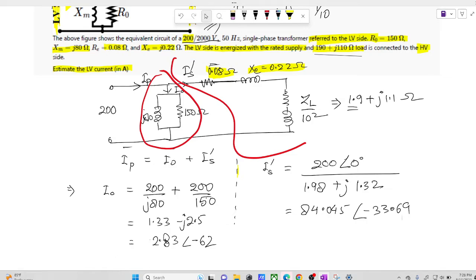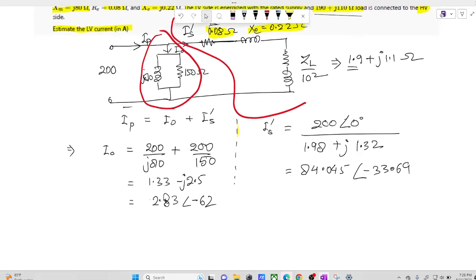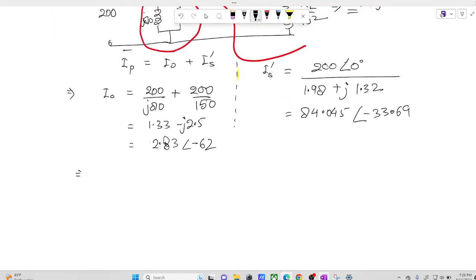Yes, sir, we have the same answer. Okay. So the total current I_p is the summation of I naught plus I_s dash. So add both these, and you will get the primary total current drawn on the low voltage side. What are you getting?